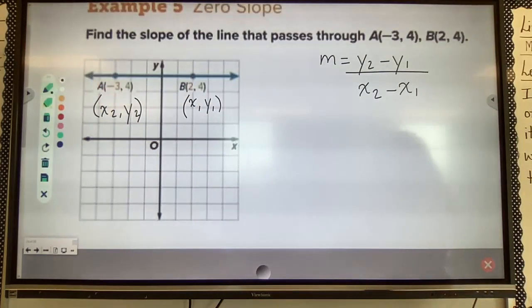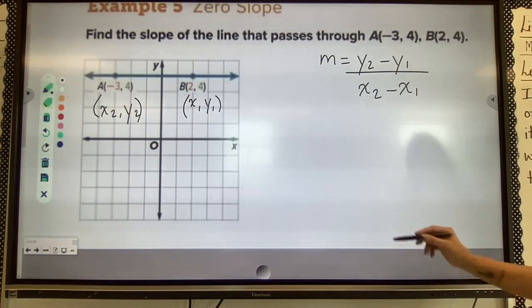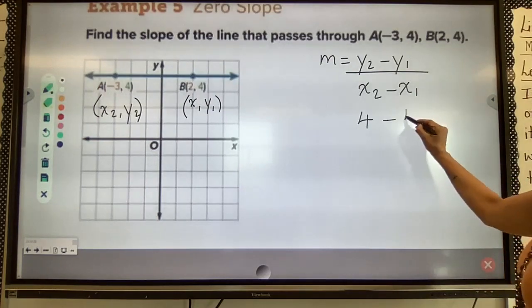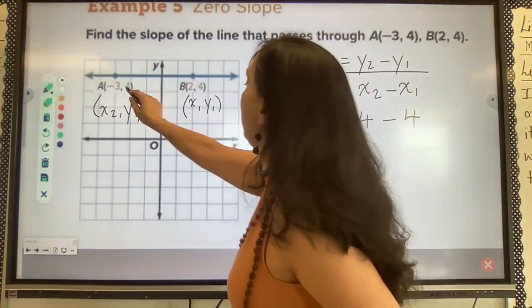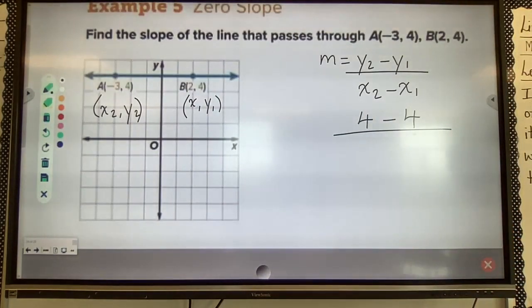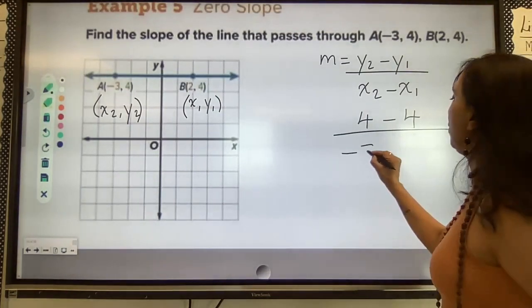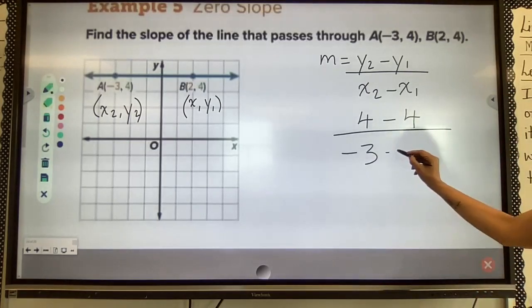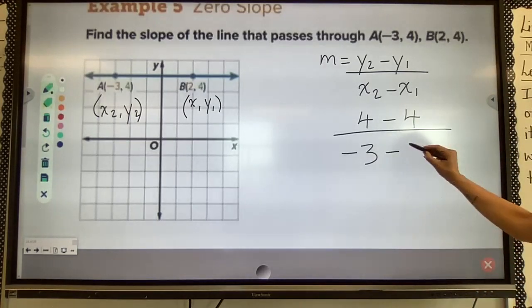Okay, so what is y2? Y2 is going to be 4 minus 4, because this is 4 and that's 4, over x2 minus x1. X2 is negative 3, and x1 is going to be 2.